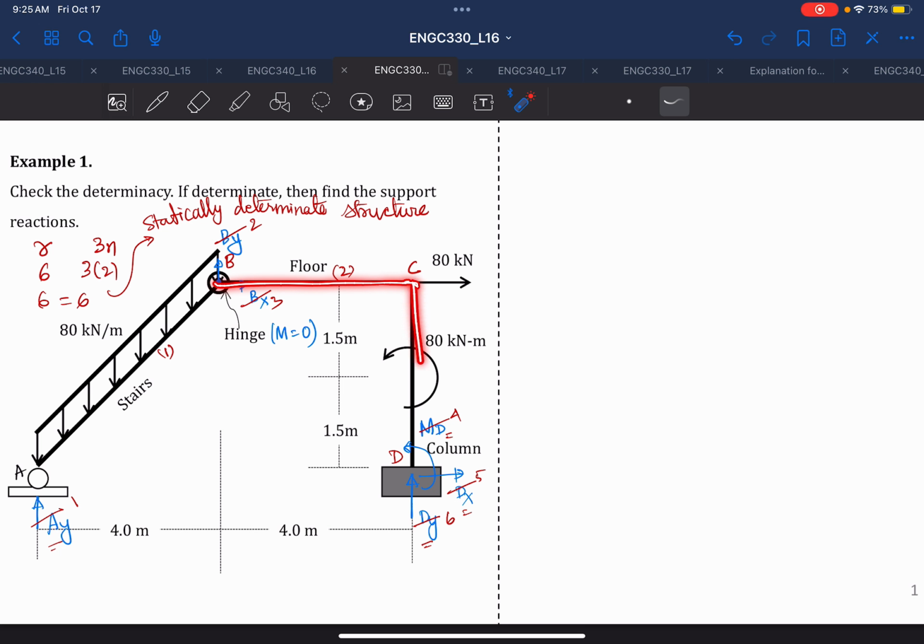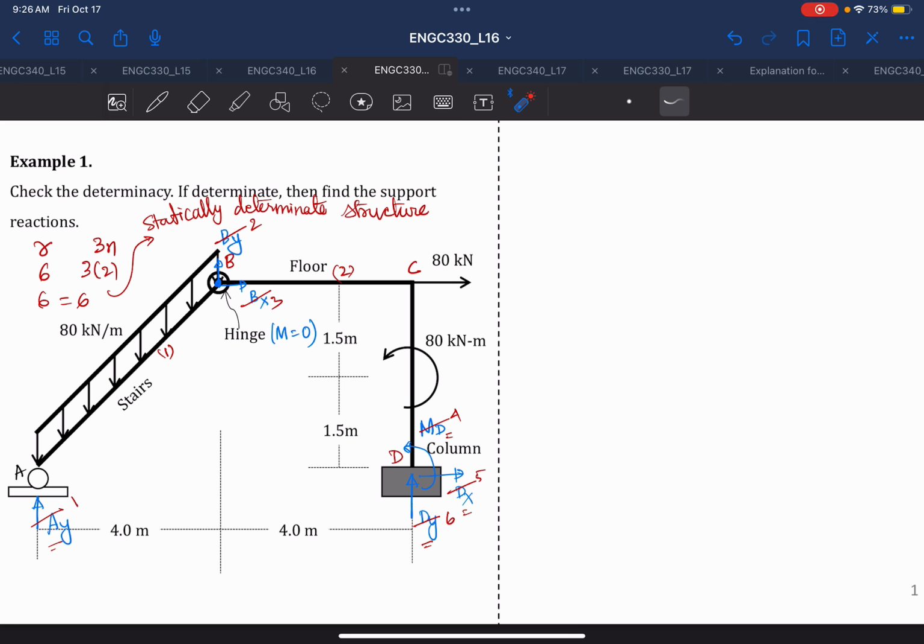Another thing I see is they use this part to find all the unknowns, but again this has 3, this has 2, so it has 5. Because it has 5 and you have only 3, you might not be able to find all the unknown reactions.